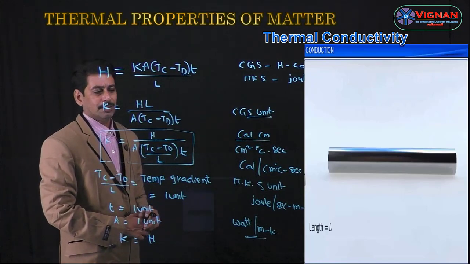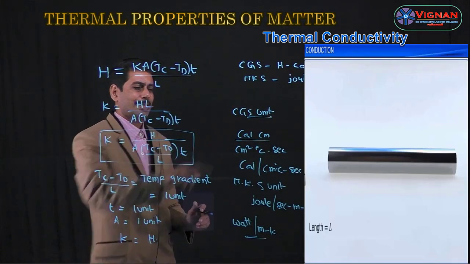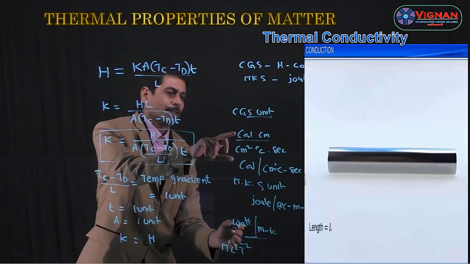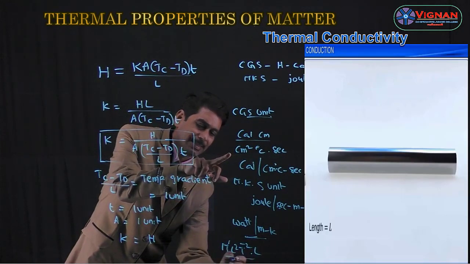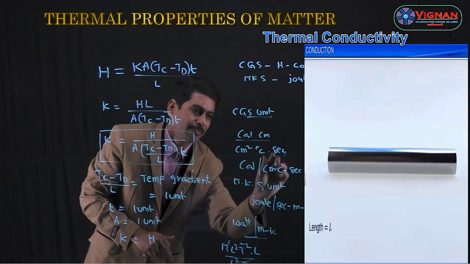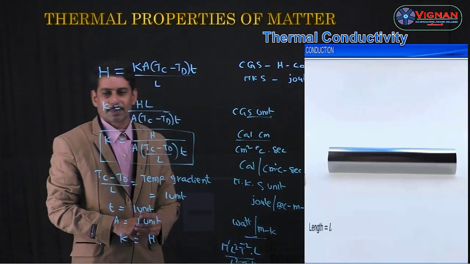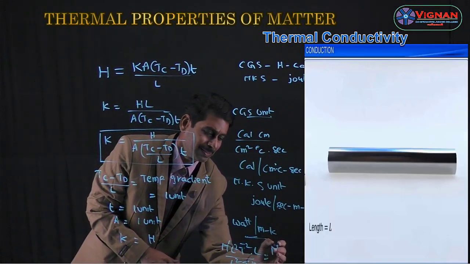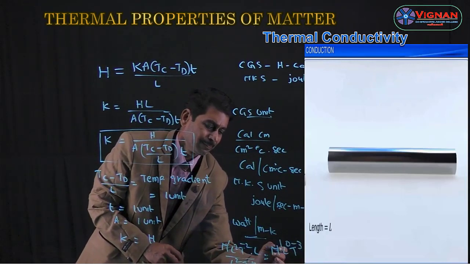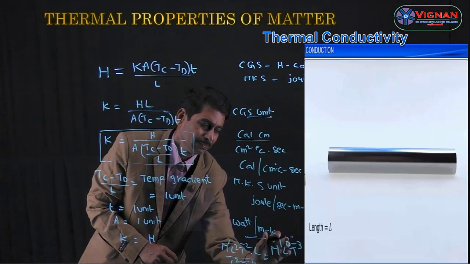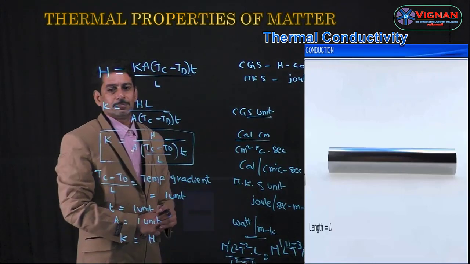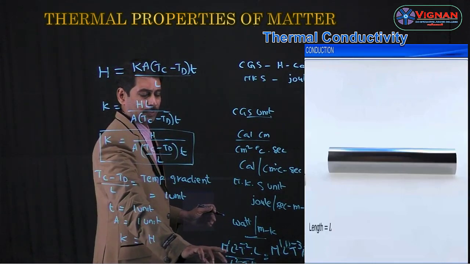Now we can write the dimension formula. The dimension formula for heat energy, that is work done, is M power 1 L power 2 T power minus 2.